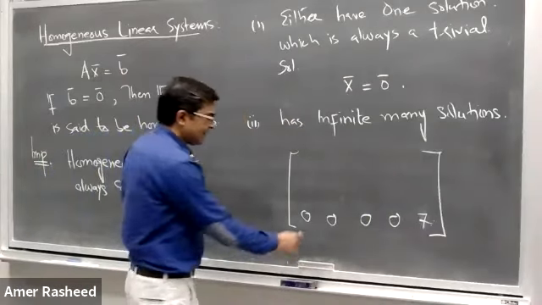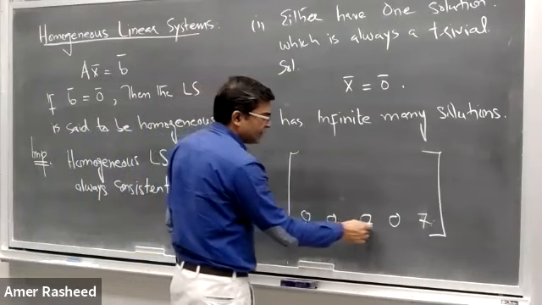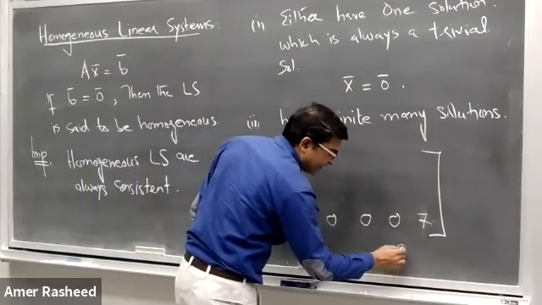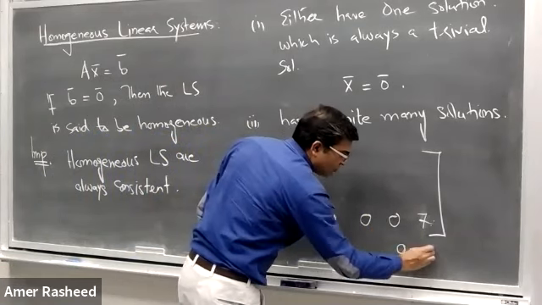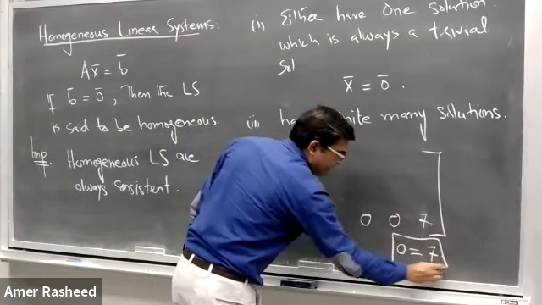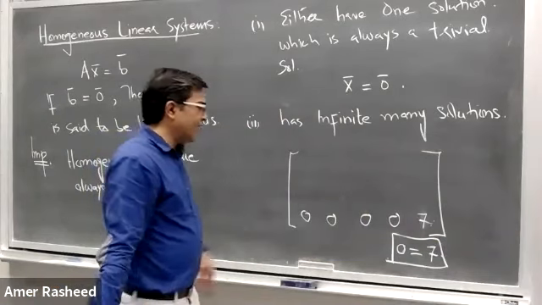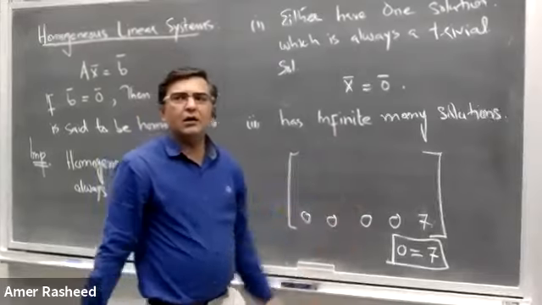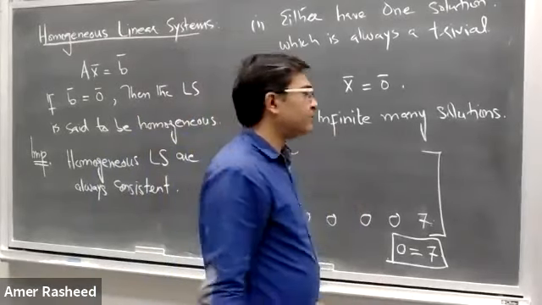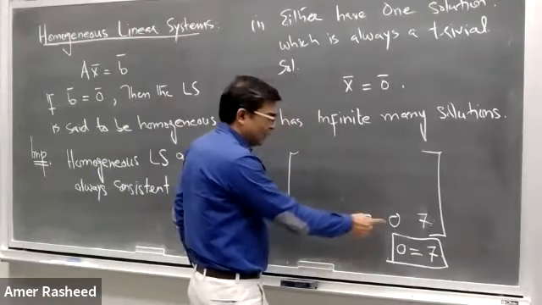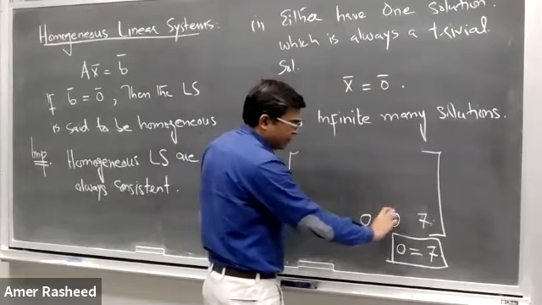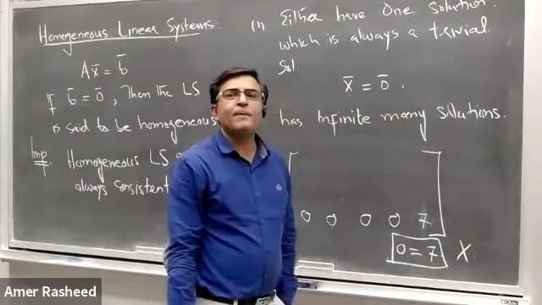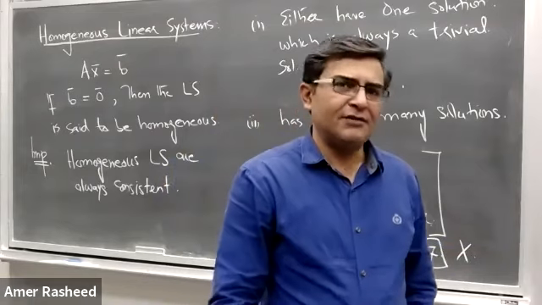In that case, for the variables x1, x2, x3, x4, this equation is telling us that 0 is equal to 7. In the previous lecture, we discussed that if any one of the rows in the echelon form or reduced echelon form gives 0 equal to 7, which is not possible, which is a contradiction, the linear system will not have a solution.